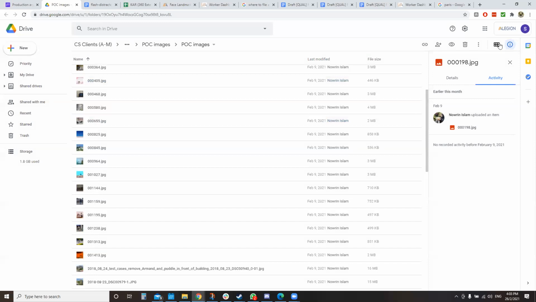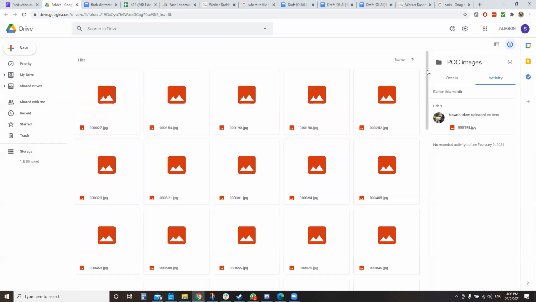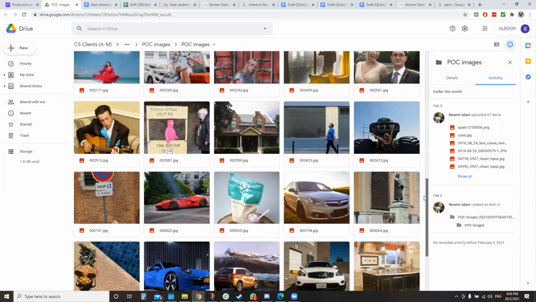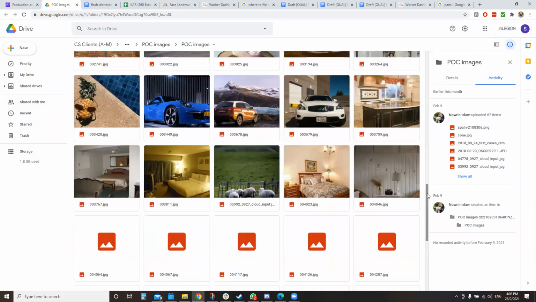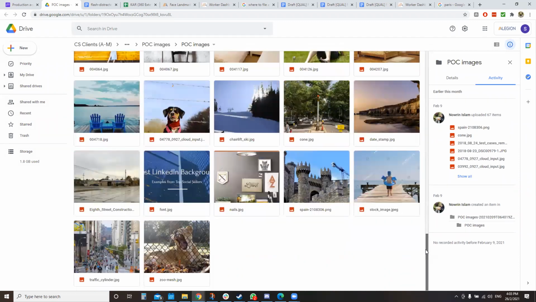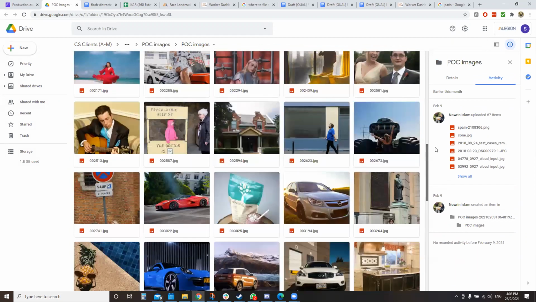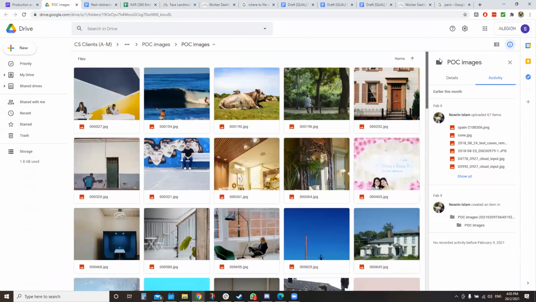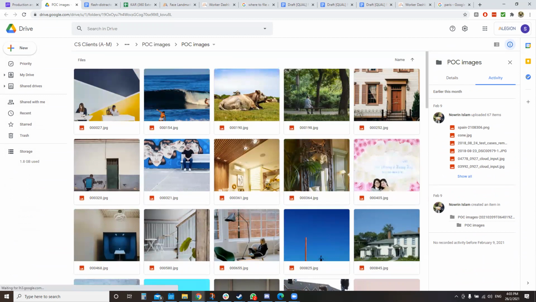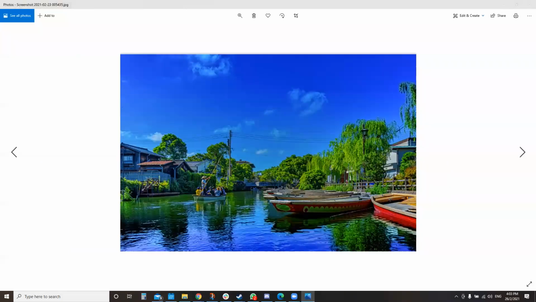It should be here actually. It's not here. Wait, let me get the picture for you. Give me one minute, because this was a picture that we specifically asked the client about. Yes, I found it.